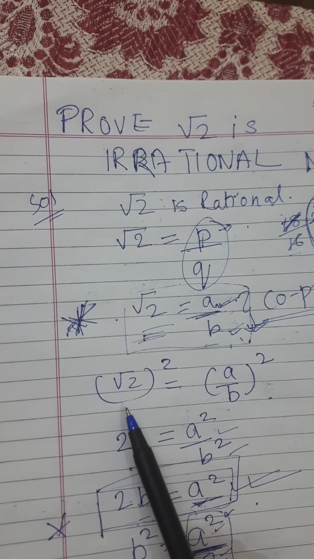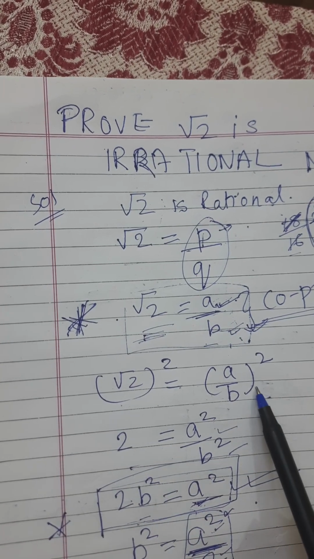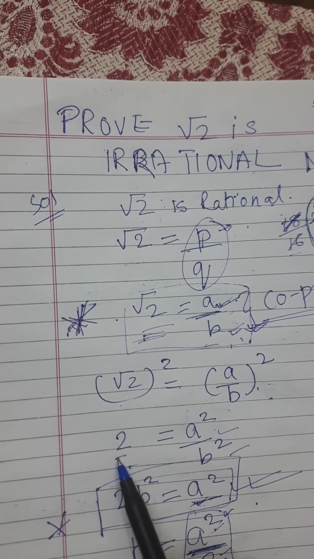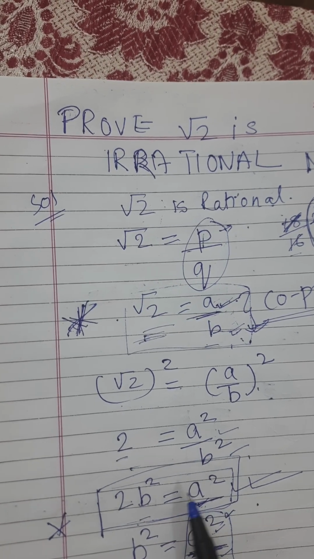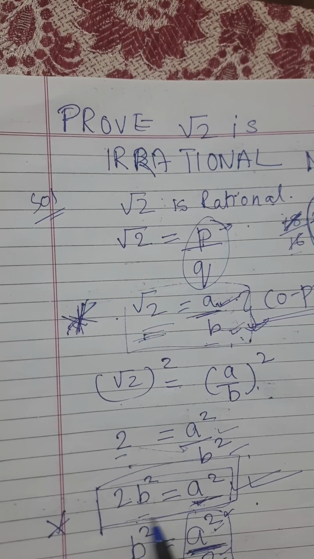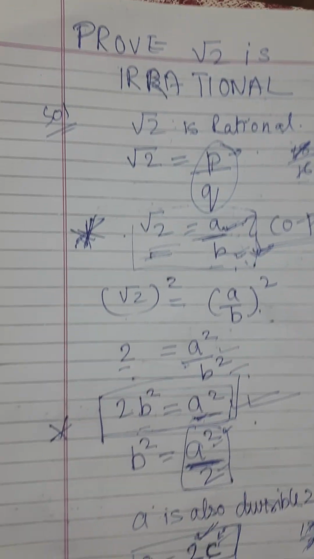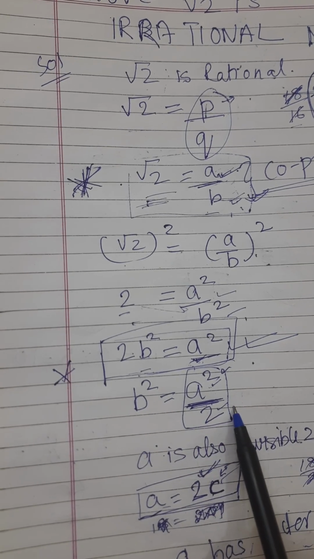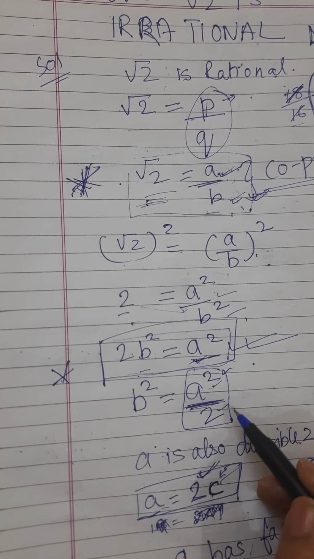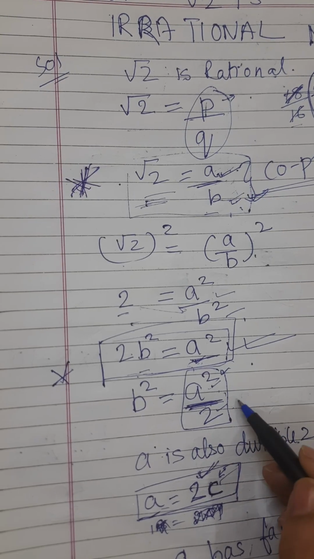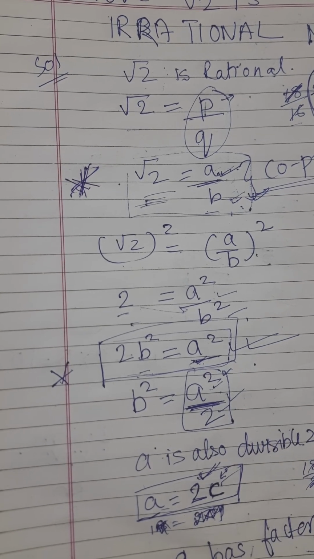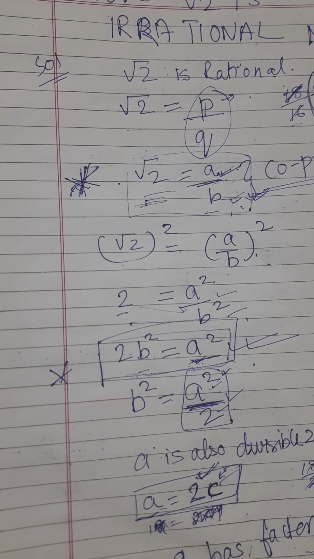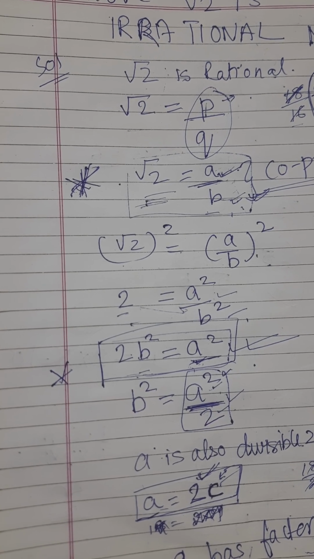Now we square both sides. Root 2 whole square is equal to a by b whole square. Root 2 whole square makes it 2, and a square by b square. We cross multiply, we get 2b square is equal to a square. Now we say b square is equal to a square by 2, or a square is divisible by 2, or 2 divides a square. What does that mean? That 2 also divides a.